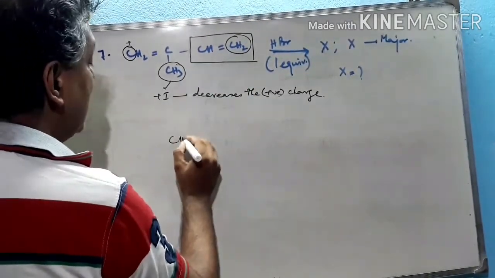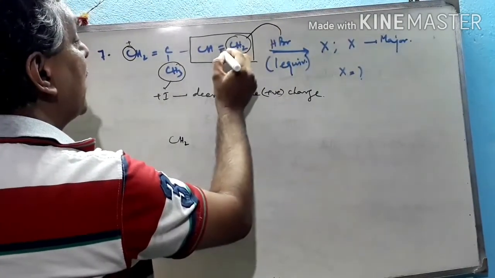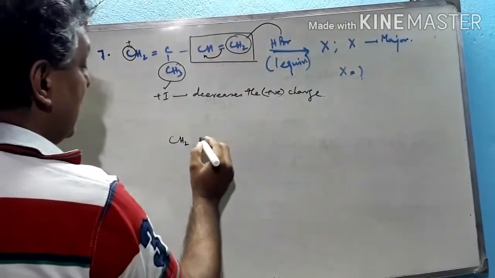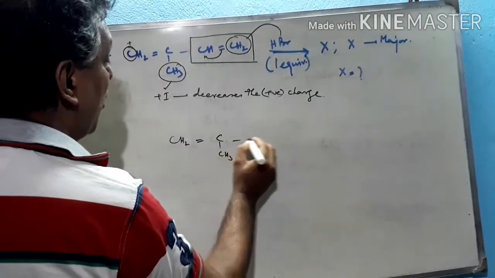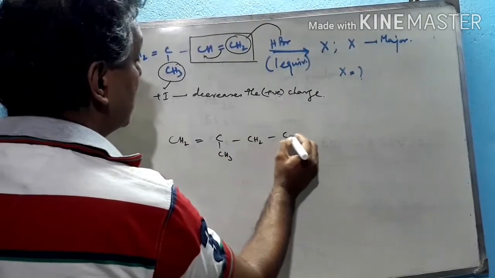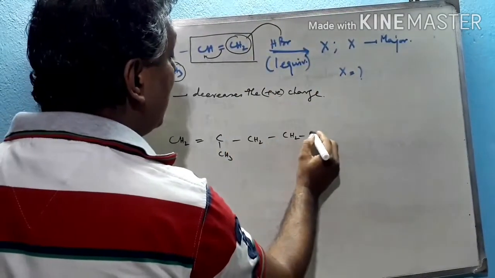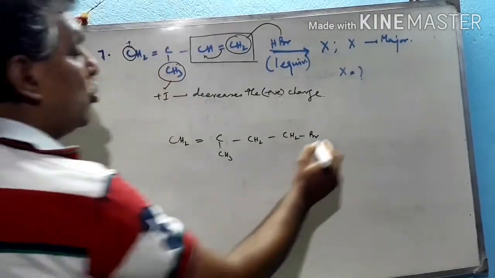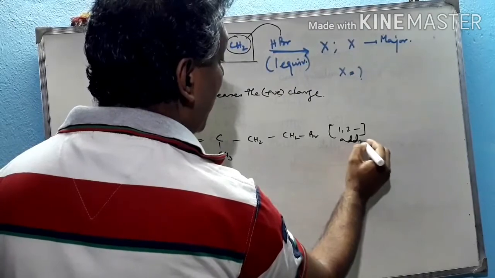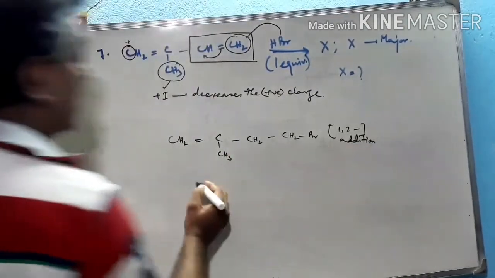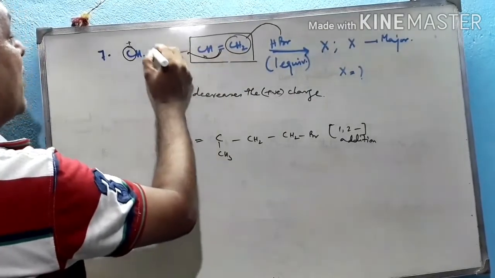So if Br minus attacks this center, the double bond dissociates to form CH2 double bond C, CH3 single bond CH2 single bond CH2, so this will be the CH2Br. This is the 1,2 addition product. But another product will be obtained where 1,4 addition may occur.